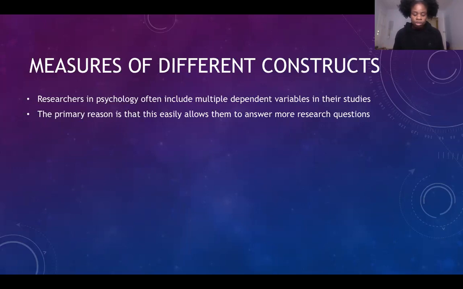So going into measures of different constructs. Often a researcher wants to know how an independent variable affects several dependent variables. When one includes multiple dependent variables in the same experiment, there is again the possibility of a carryover effect. Remember, Paul Price went over carryover effects in chapter 7 as well as in chapter 6. Please review carryover effects, what they are and when they are likely to occur.